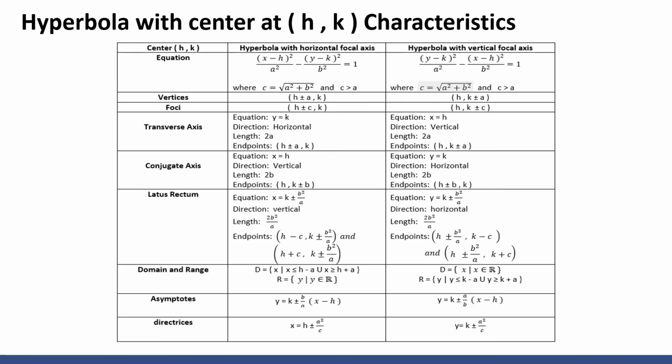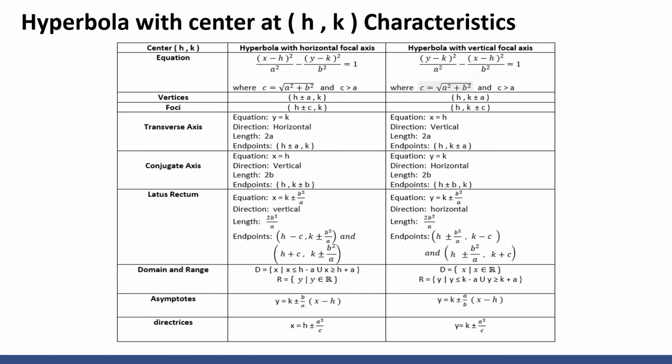Now, after knowing all the characteristics of hyperbola with center at origin, at this point, ay dito naman tayo sa hyperbola with center at h, k. And still, meron pa ulit tayong two patterns na kung saan hyperbola with horizontal focal axis and hyperbola with vertical focal axis.